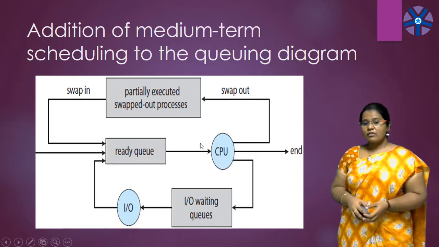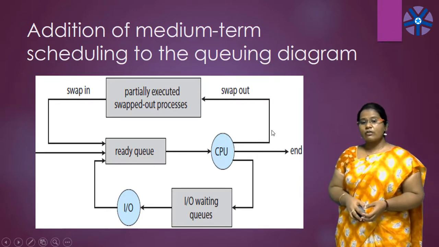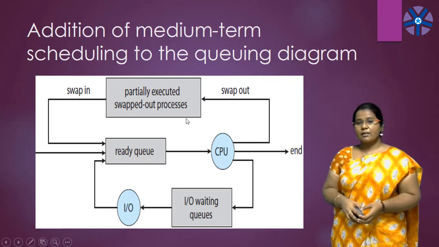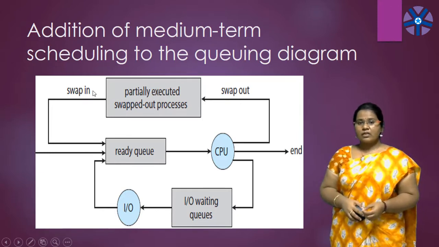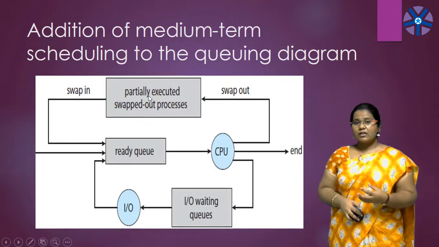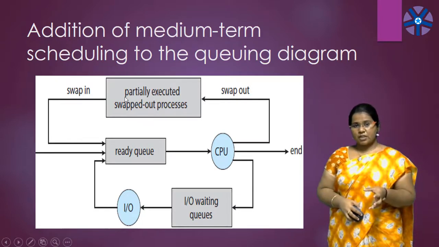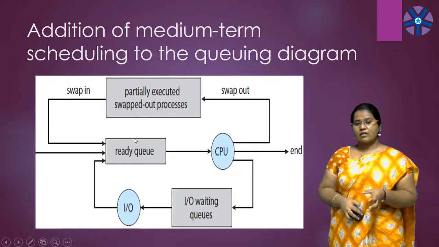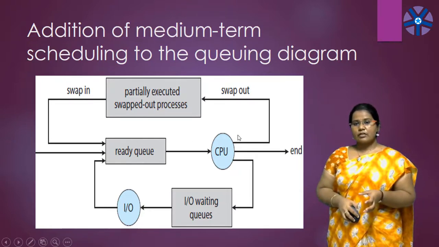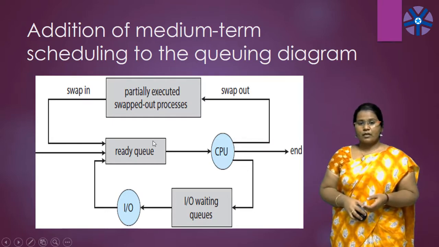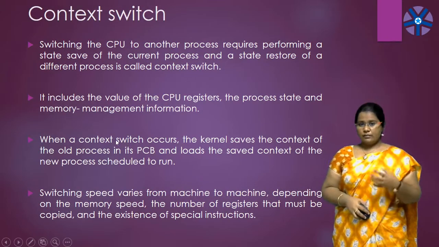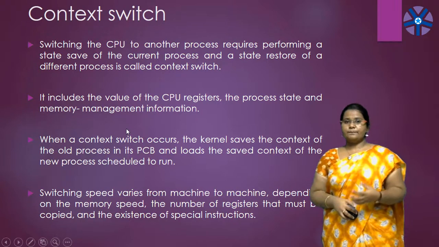Now all the processes which are coming out of the CPU due to some interruption, all those which are partially executed, are placed in a separate queue by the medium term scheduler. Then these processes are moved to the ready queue for execution at the CPU.